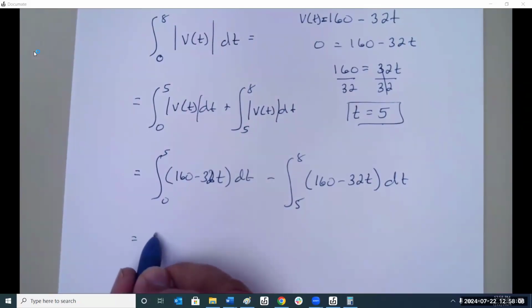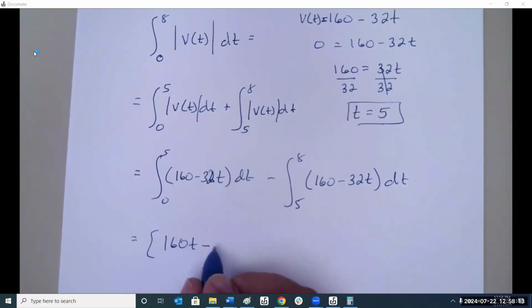The integral of this, as we calculated, is 160t minus 16t squared.